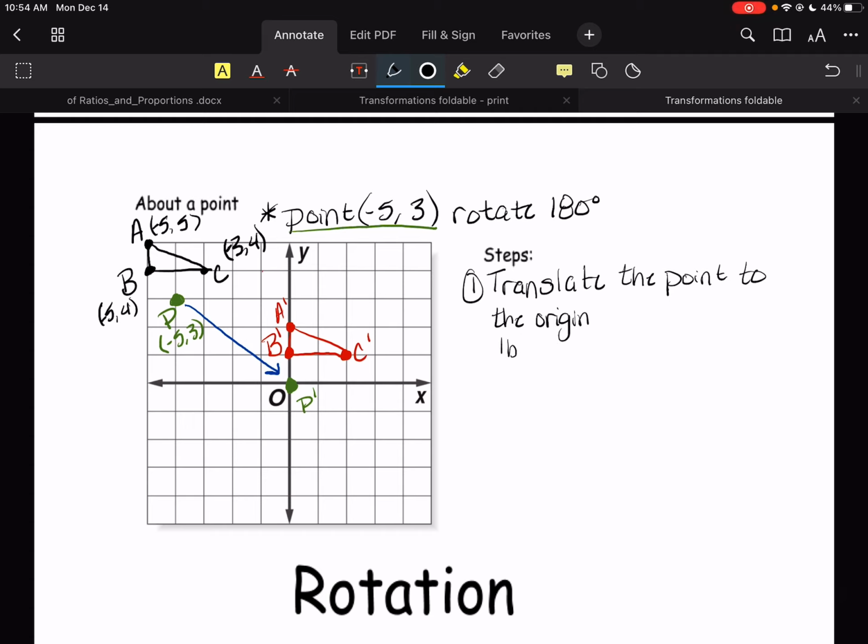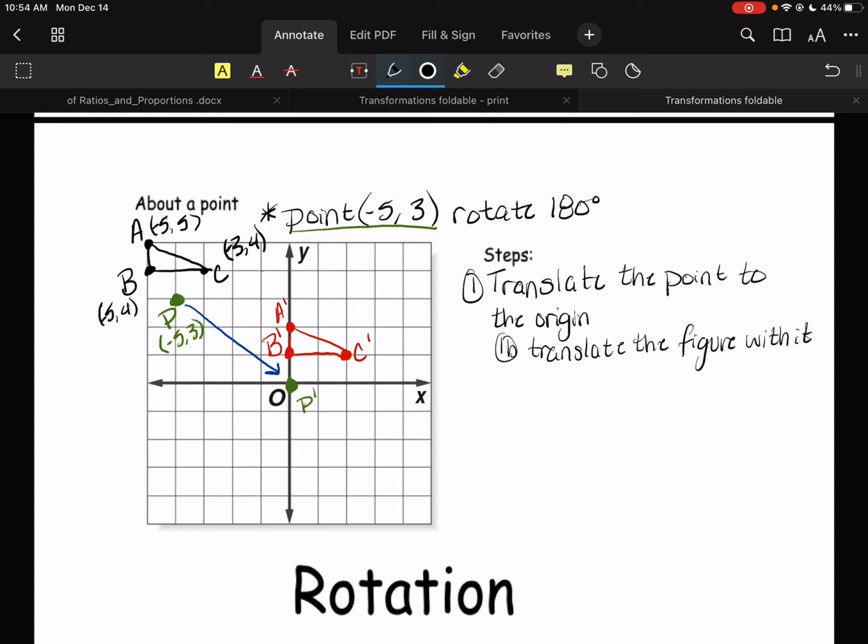And then 1B is to translate the figure or the point that you're using. So translate your figure with it.